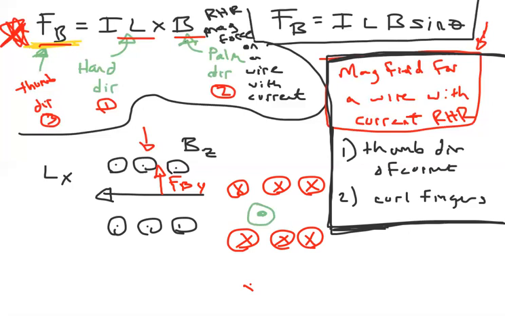I can't draw the wire because it's pointed at us, but the current is coming at us, and this is the magnetic field. Is there a force on this wire? No, right? Because they're in the same direction. When they're in the same direction, you can't have FB. In order for FB to be there, L and B, or Q and B, have to be perpendicular. Or V. Does that make sense? Yeah, that makes sense. Thank you.